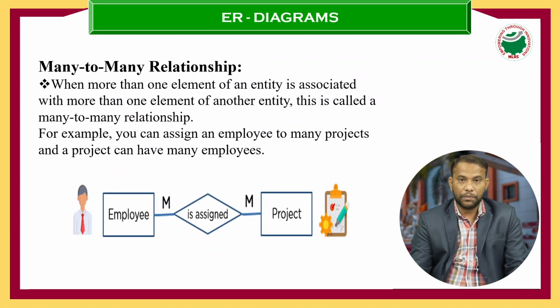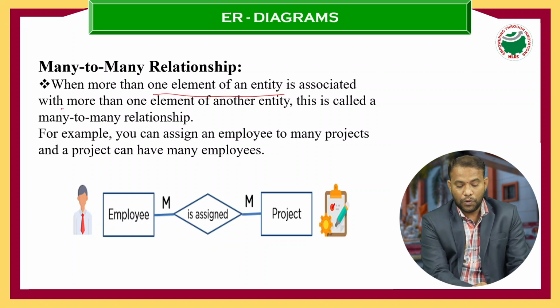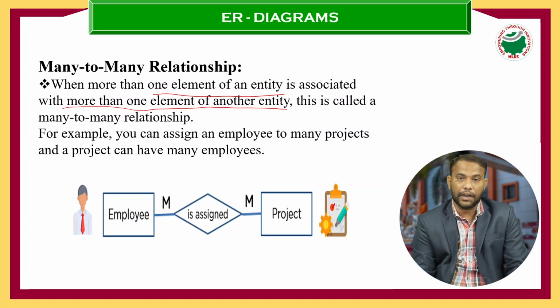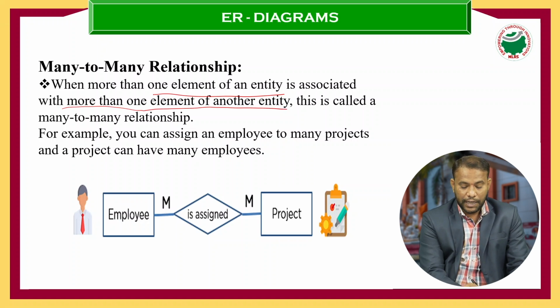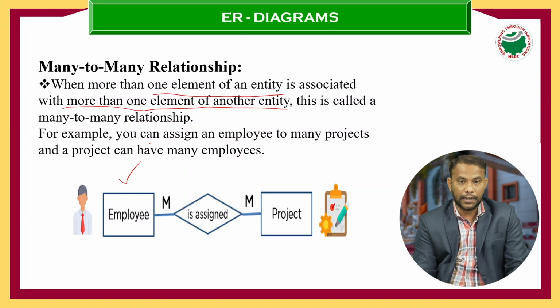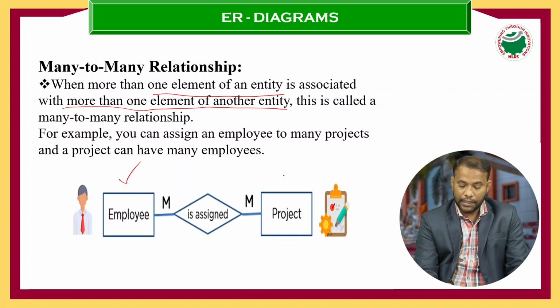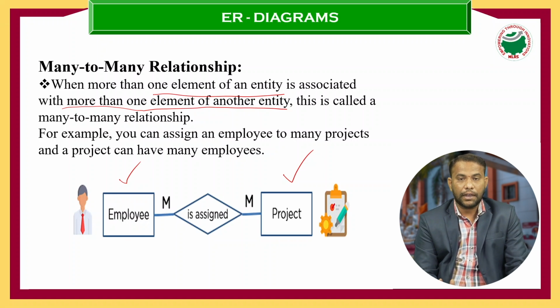Next one is many to many relationship. When more than one element of an entity is associated with more than one element of another entity. If you take an example, here we have one entity, employee, and another entity, project. In employee we have many employees. In a company, like TCS or Amazon, we will have multiple employees, and similarly multiple projects.